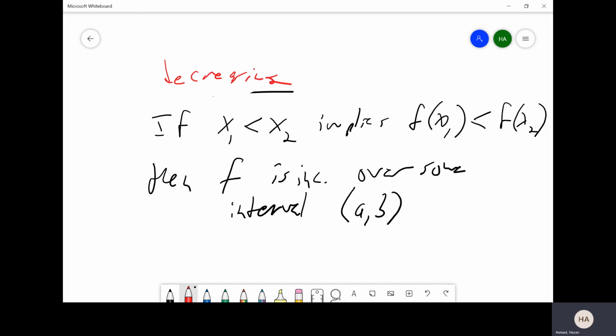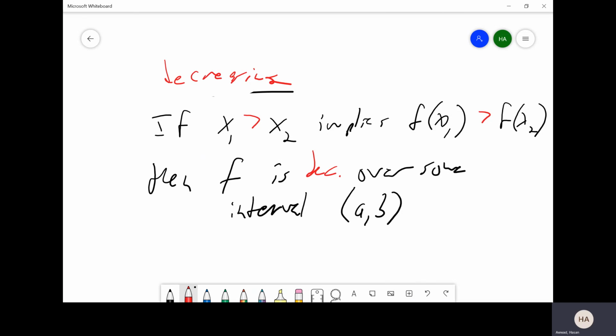So decreasing is if x1 is greater than x2, implies that your function at x1 is greater than your function at x2, then your function is decreasing over some interval. Again, I know this seems like jargon. Just give me a second. We'll get through the definitions, and then you can come back to these after you see an example, and it'll make more sense.